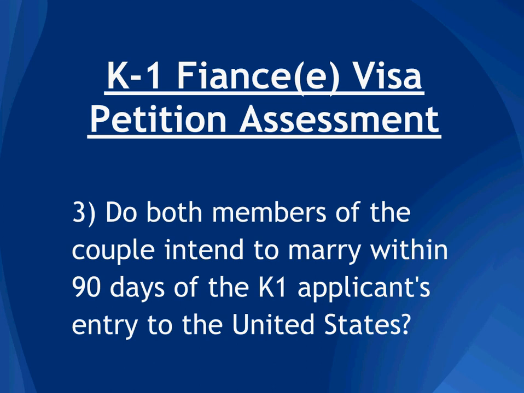But your K-1 status will expire. Of course, to avoid any complications, it's best to abide by the 90-day rule. And of course, when you do file the petition, you must demonstrate and express intent to marry within 90 days.